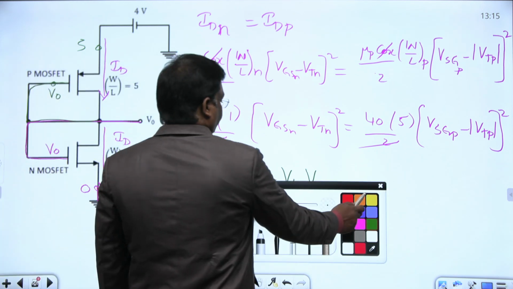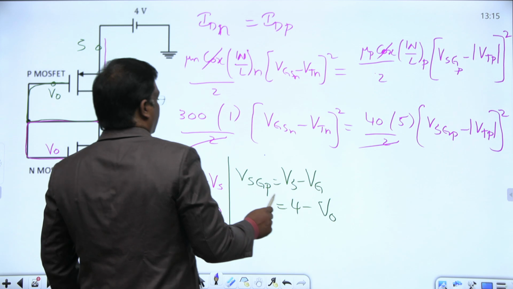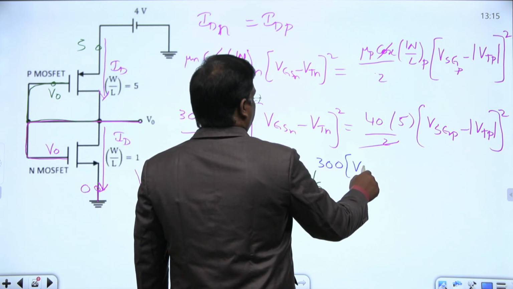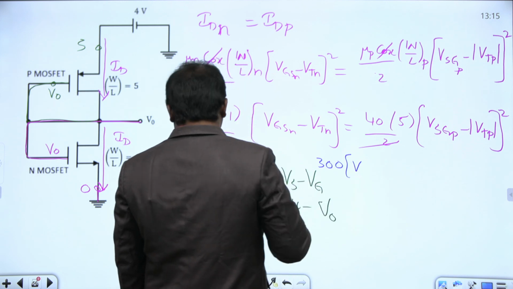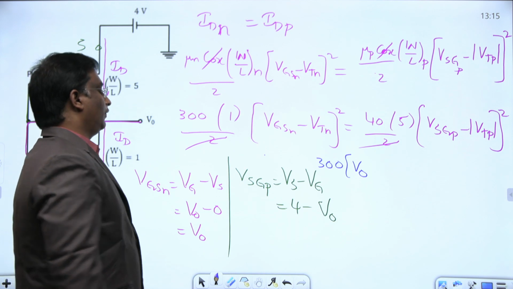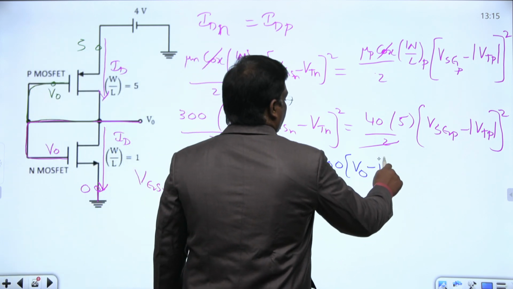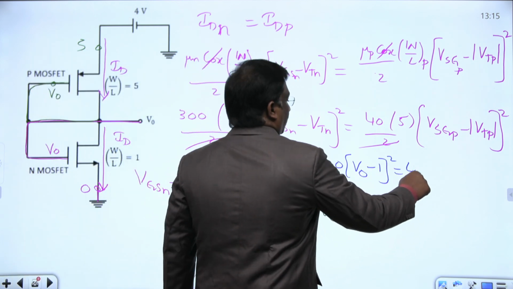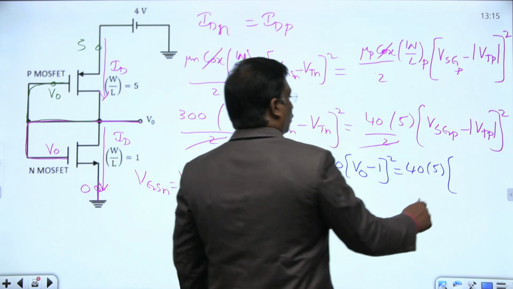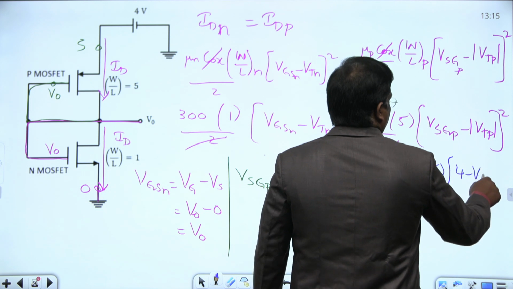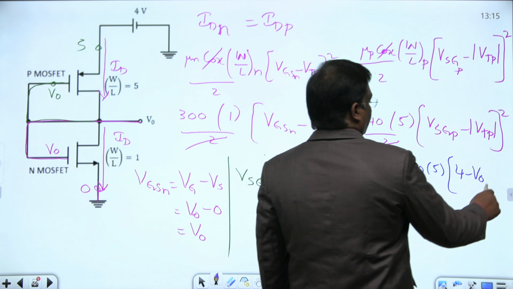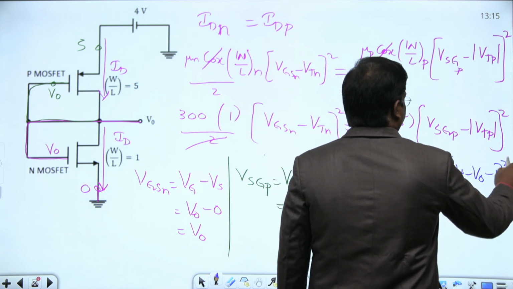Right, now let us see this one. This is 300 into VGS minus VTN squared. VGS is nothing but V naught for NMOS, VT is 1 volt, square, equal to 40 into 5 into VSG. VSG is nothing but 4 minus V naught, mod VTP minus 1, the modulus of minus 1 is 1, minus 1 whole square.